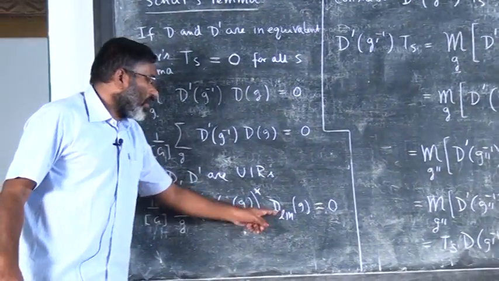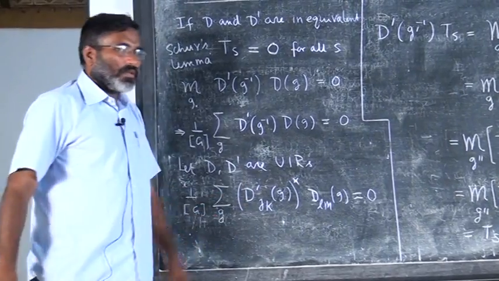If D and D prime are inequivalent, this is all the time equal to 0.